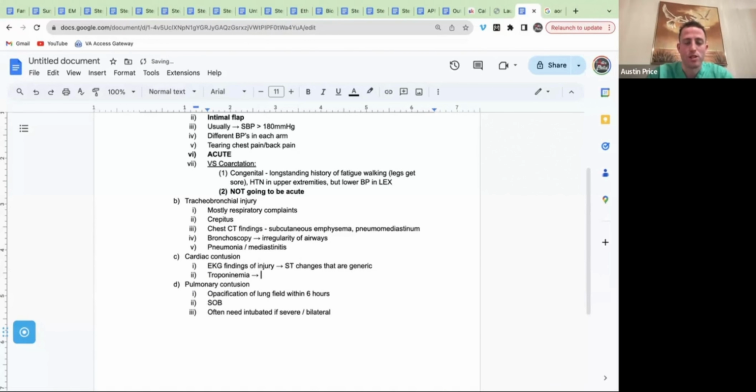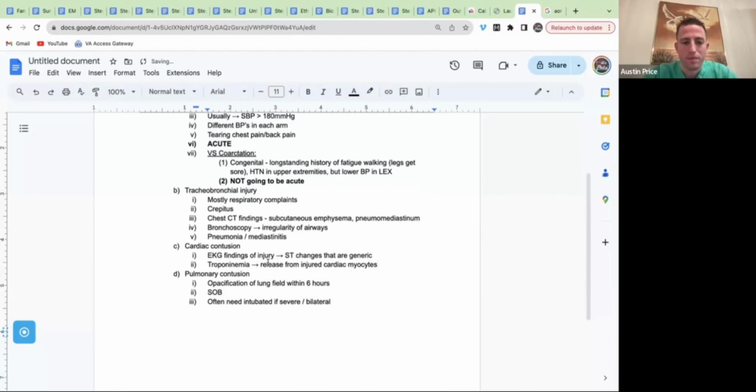And so this is just due to release from injured cardiac myocytes. So you'll almost always have this on the test, and they'll try and throw you off for an MI. So you want to look for the history. There's going to obviously be the big clue here of some kind of blunt thoracic injury. So a patient was in a car crash or something like that. And then look for the elevated troponin.